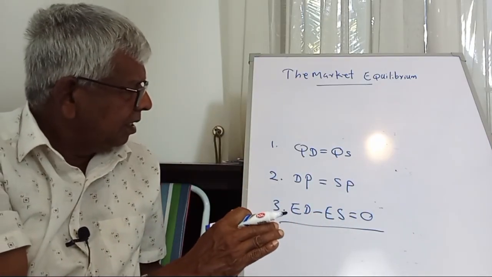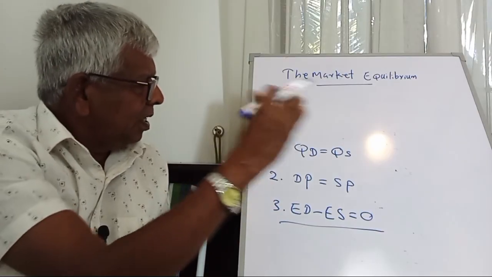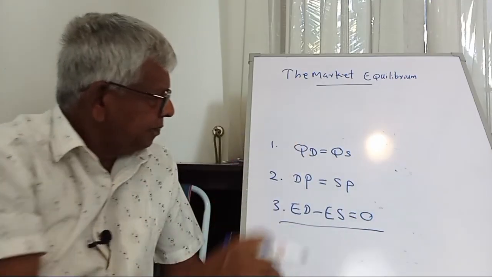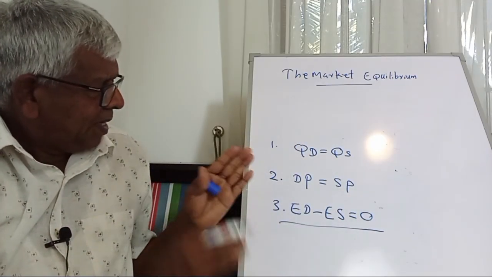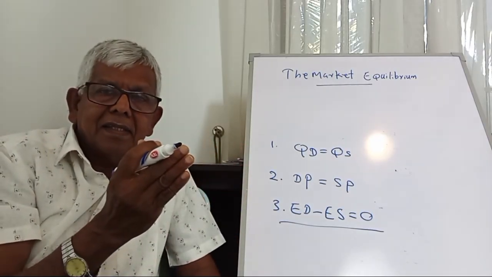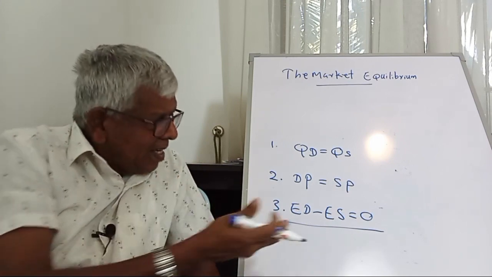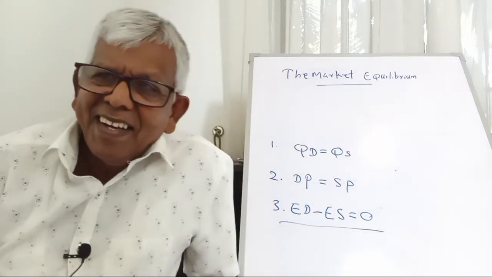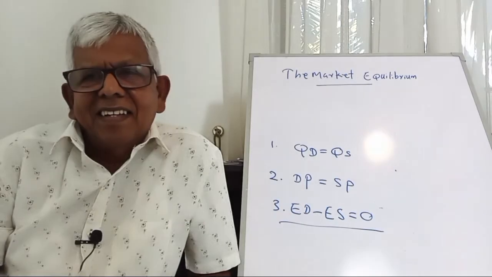Second one, Dp equals Sp, demand price equals supply price. And third one, excess demand minus excess supply equals 0. Okay, it is very simple.